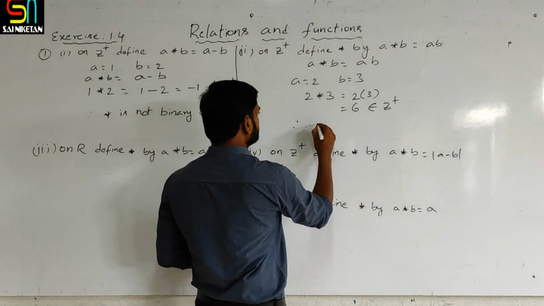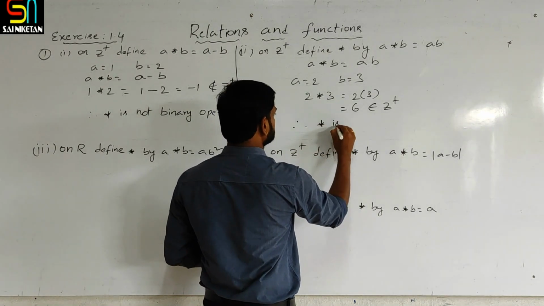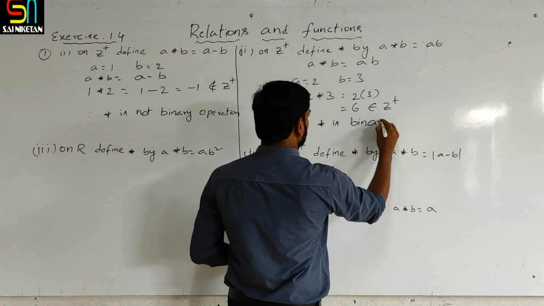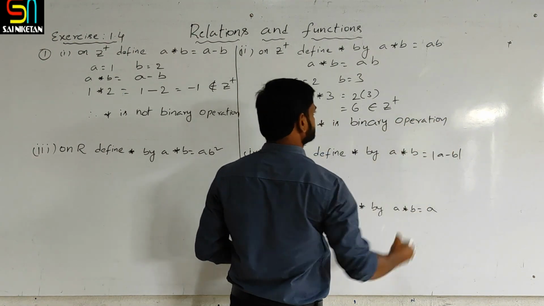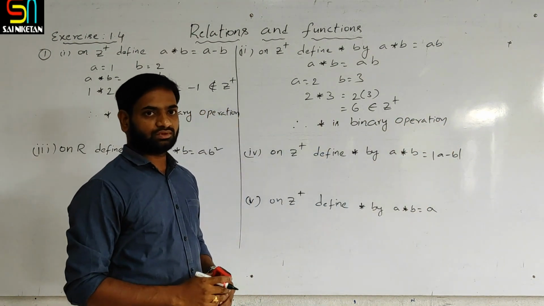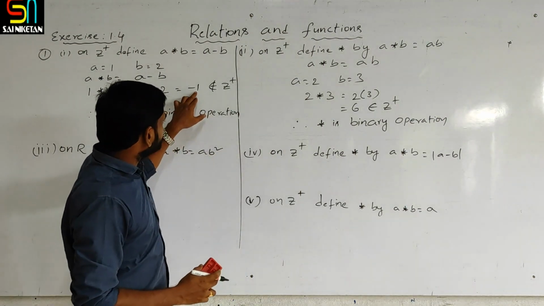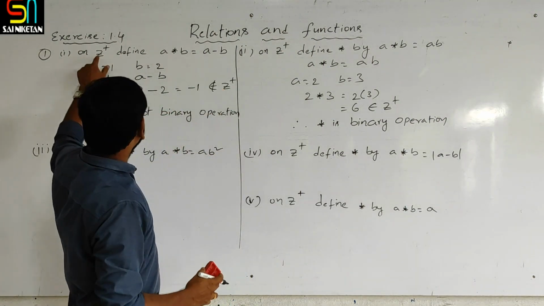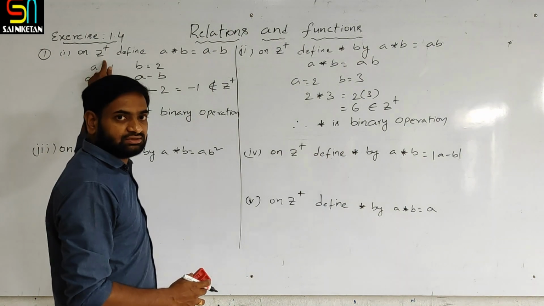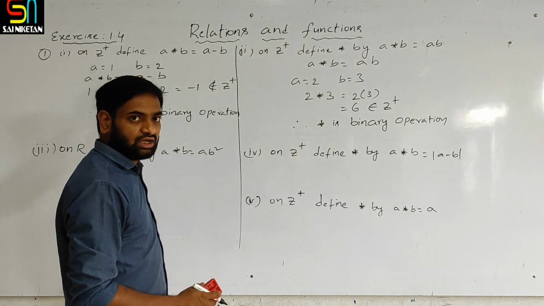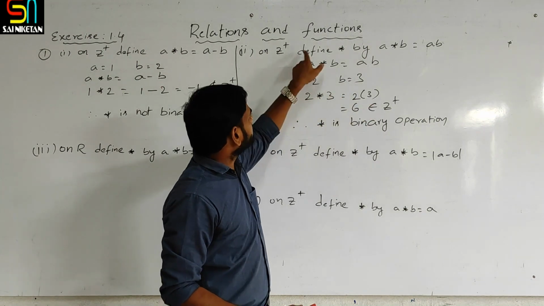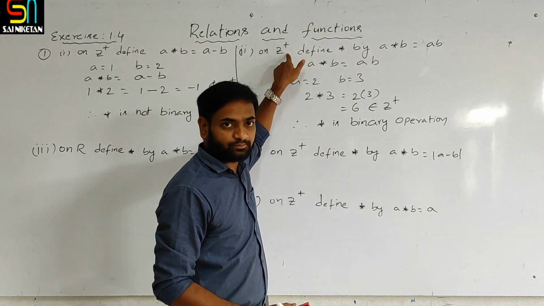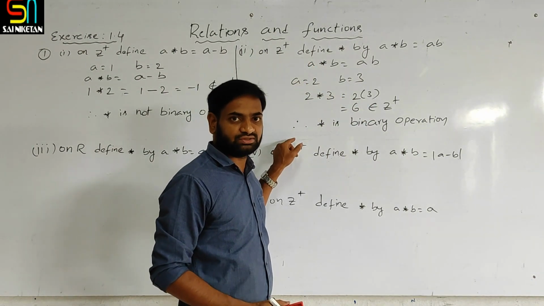So therefore star is binary operation. See, in the earlier case the result did not belong to the same set, that's why it is not binary operation. Here the result belongs to the given set, that's why it is binary operation.